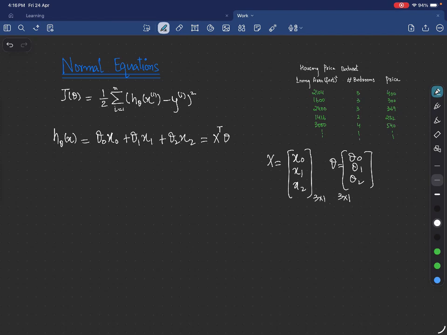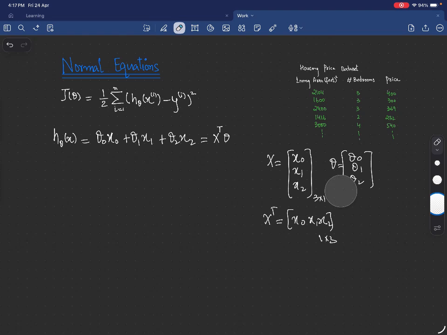To multiply two matrices, the number of columns of the first matrix should be equal to the number of rows of the second matrix, but these are not equal. To make these equal, we need to take the transpose of one of these. So let's take the transpose of the x matrix. It will become x naught, x1 and x2. So the order of this matrix is now 1 cross 3, and the order of the theta matrix is 3 cross 1.